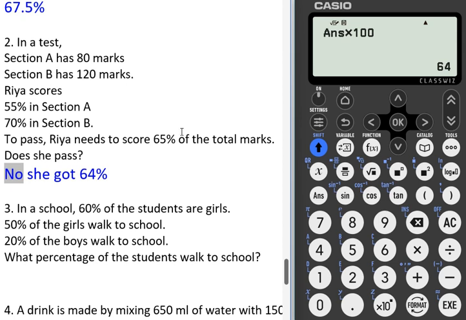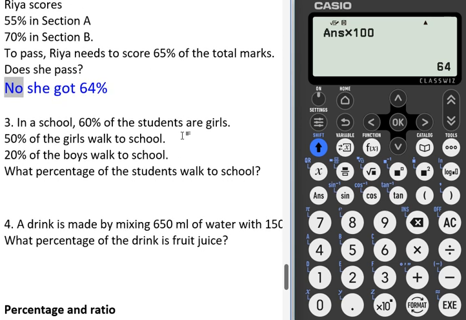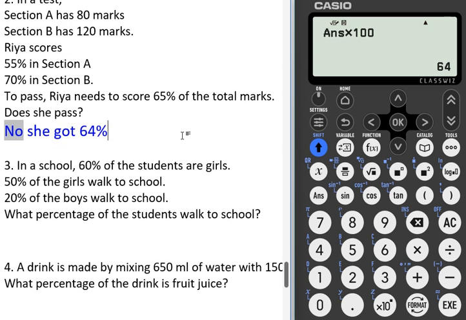Okay, so the next question here is, in a school 60% of the students are girls, 50% of the girls walk to school, 20% of the boys walk to school. What percentage of students walk to school? Okay, now we don't know the number of students in the school at all, but we do know that 60% are girls, so that means that 100% take away 60% is 40% of boys, and we know of the girls 50% of the 60% walk.